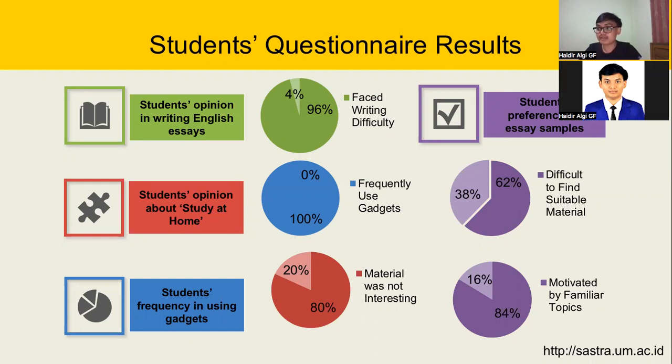For example, my students' questionnaire looks for criteria: the students' opinion on writing English essays, students' opinion about studying at home, students' frequency in using gadgets, and student preference on essay samples.